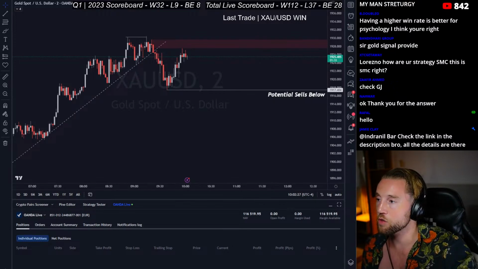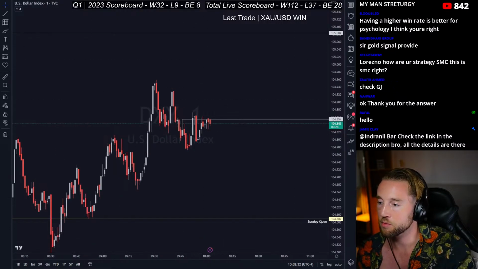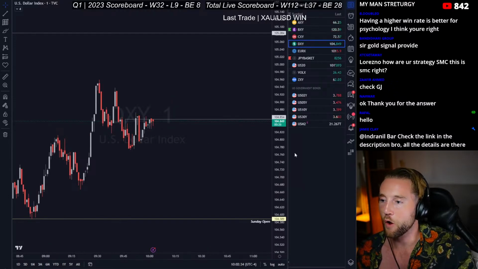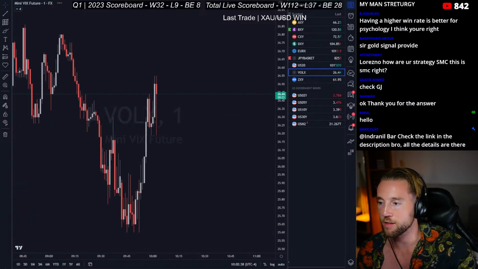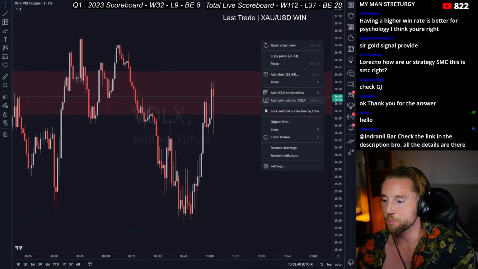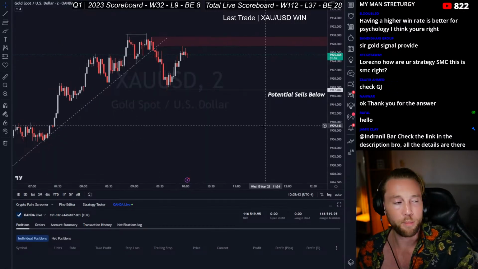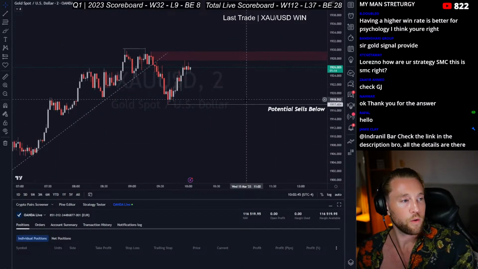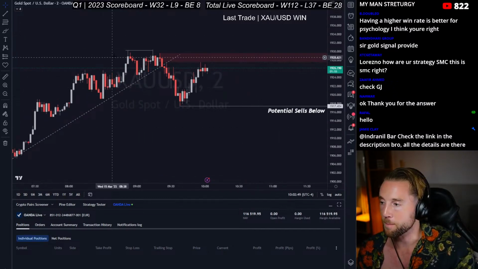Then I use the correlations as well: the euro index, the dollar index, all the baskets, government bonds, VIX, all these extra measures I can correlate pairs to. That's what I personally look at. So it's not strictly SMC.